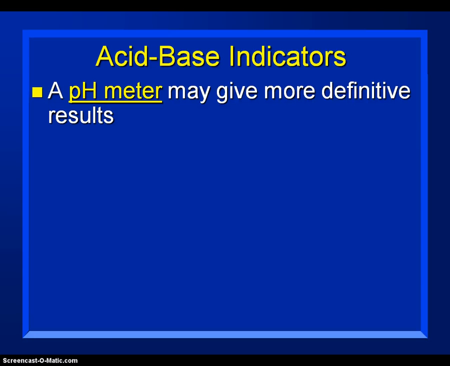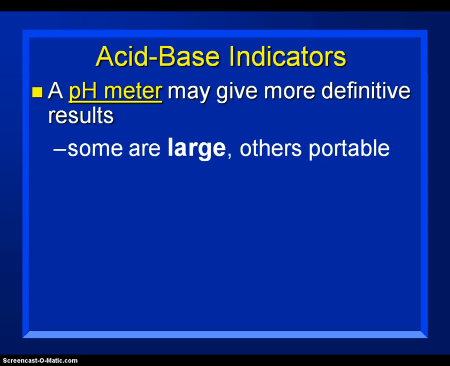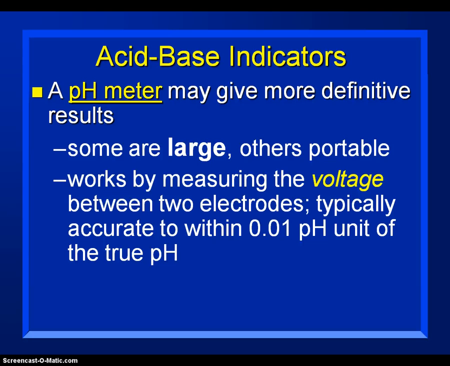And a pH meter gives a more definitive result, and it actually uses the electrolyte quality of the acid or base to show the pH. Some problems with this is that usually they're large, they're difficult to move around.